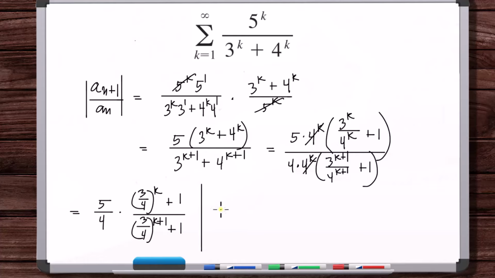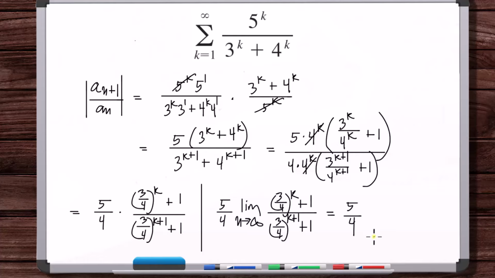All right, so if we have 5/4, the limit as n goes to infinity, this goes to 0 and this goes to 0. So this goes to 5/4, which is greater than 1, which means this diverges.